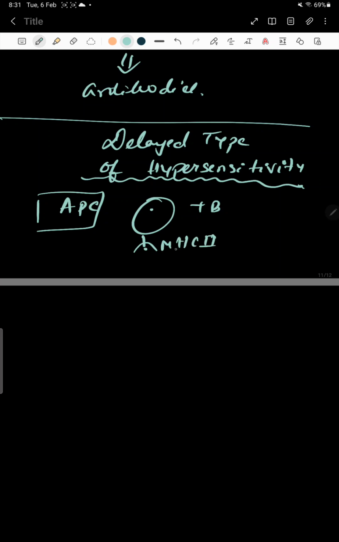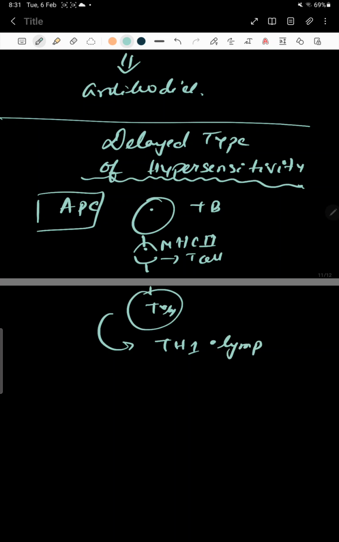Now this is presented to the T cell receptor, situated on the head of the T lymphocyte. As it is an intracellular pathogen, the signal will be for formation of Th1 cells. The activated lymphocyte will be of Th1 type, not Th2.